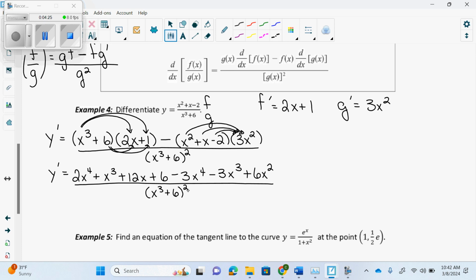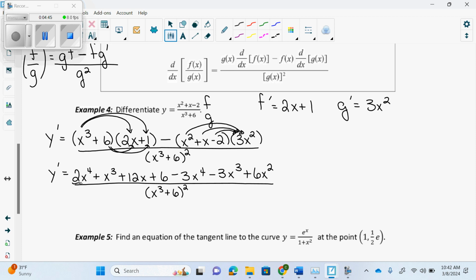What's left? What do we have to do? The bottom will stay, because if we actually have to distribute it out, we wouldn't be simplifying, we'd be expanding. But what we can do is we can collect like terms on the top, right?